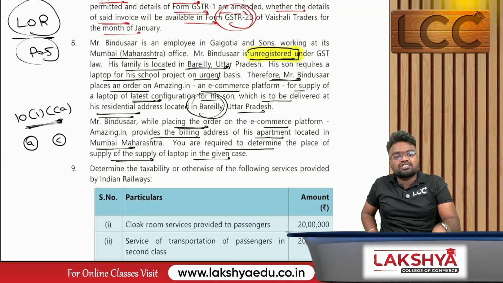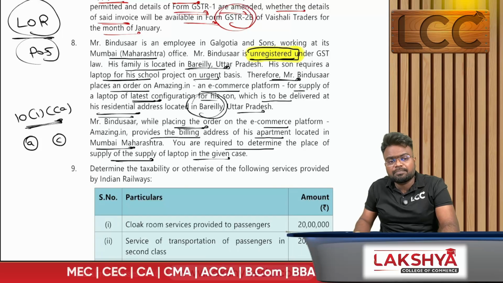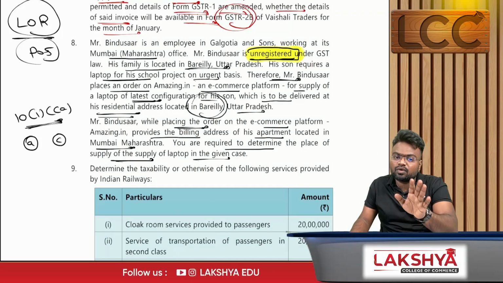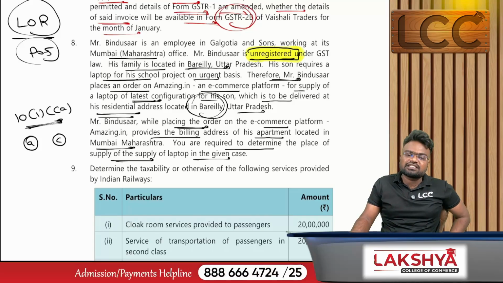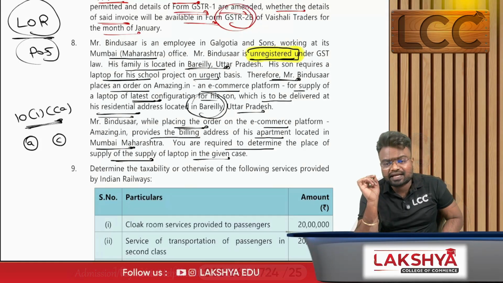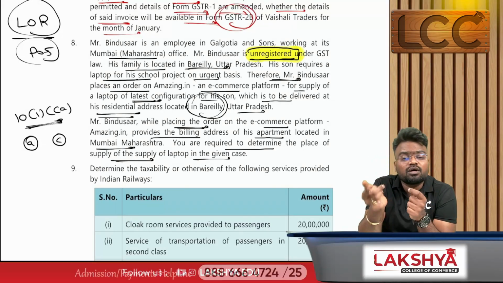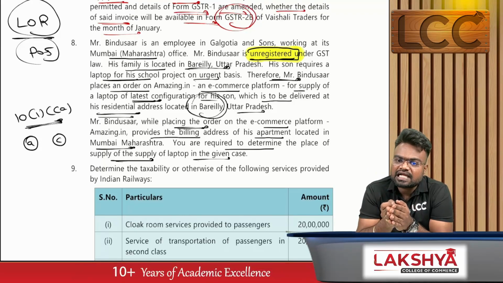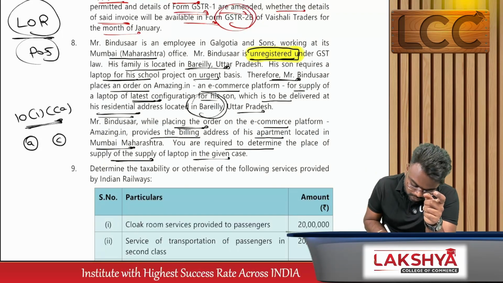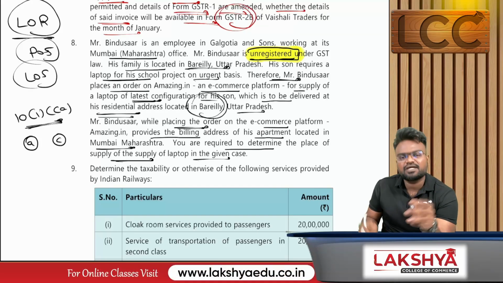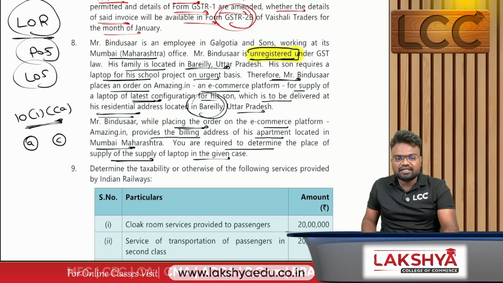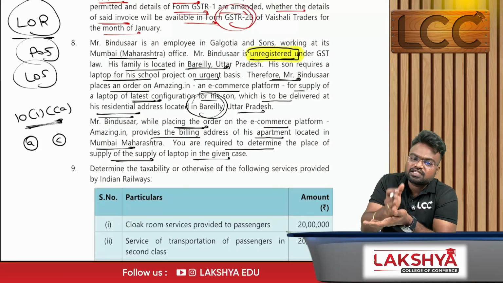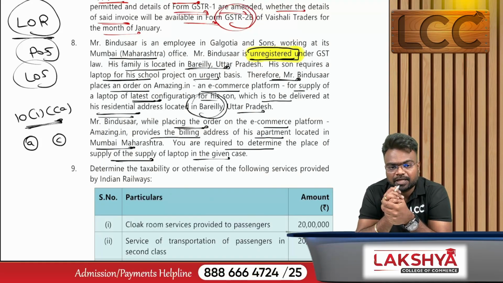In that case, check whether the location of the recipient is available. If the location of the recipient is available, then the location of the recipient is the place of supply. Now the question arises, sir, what if the location of the recipient is unavailable? Then the place of supply is the location of the supplier. Simple. So in the given case, since the location of the recipient is available, the location of the recipient is the place of supply.